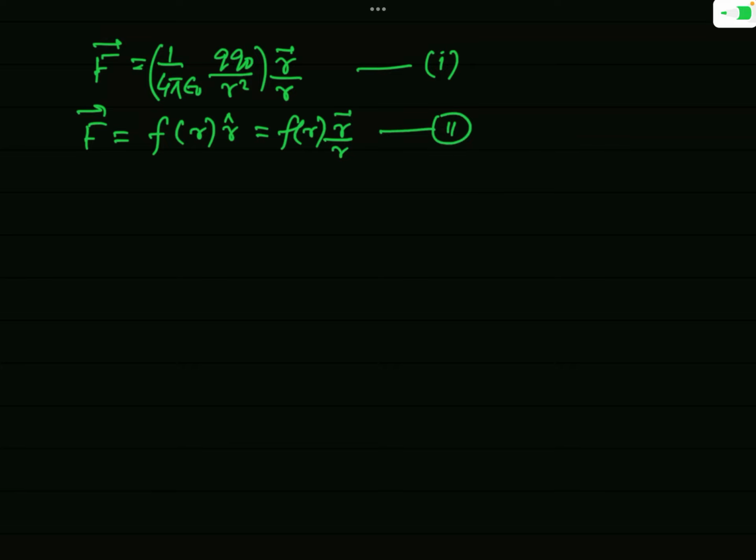You can see that this expression for the electrostatic force can be written like this, which I have written in equation 2. So here you can say that F of r is equal to what? This is 1 over 4 pi epsilon naught q naught over r square. Okay, and this is greater than 0.